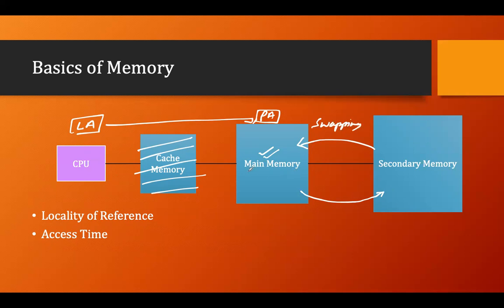So what is the requirement of the main memory? Let's say we have a number of instructions, instruction 1, instruction 2, let's say instruction 100, instruction 101, and instruction 300. So we have these instructions related to a program. Let's say my program is running instruction 100.